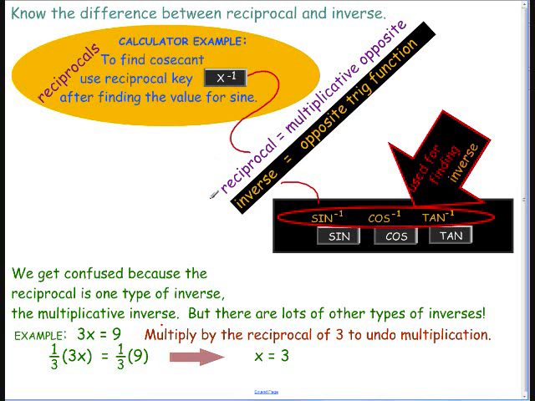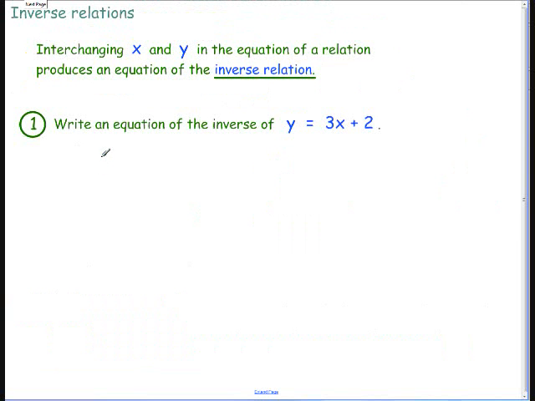So multiplicative opposite, maybe that'll help us use that word. That's when we're talking about the reciprocal partners. Inverse is something we're going to do right now. First, we're just going to deal with the concept, and then we'll apply it to trig.